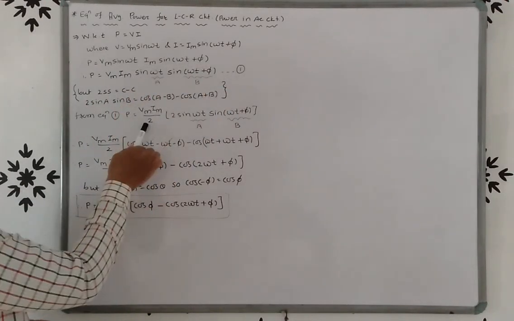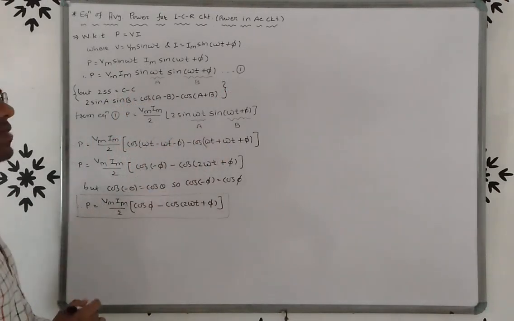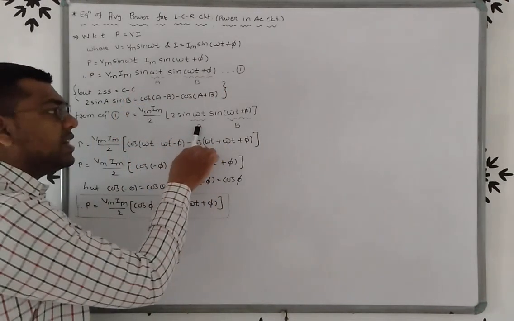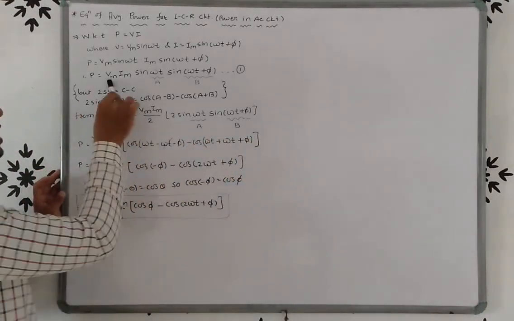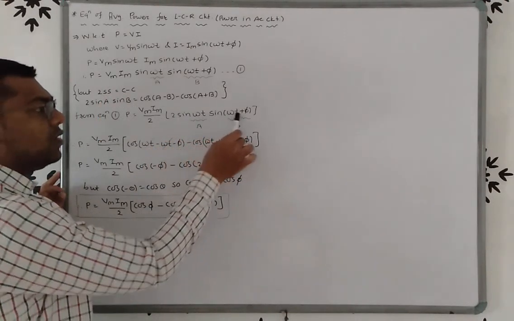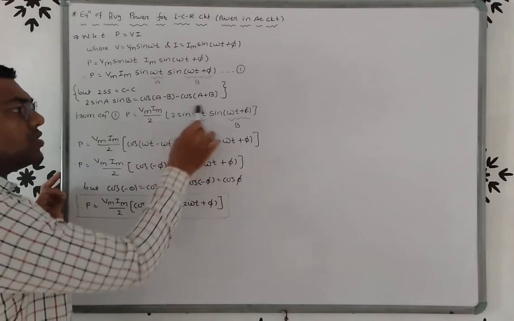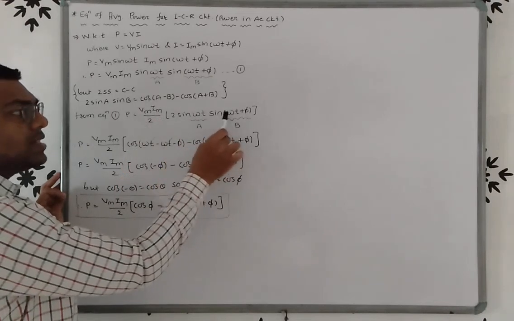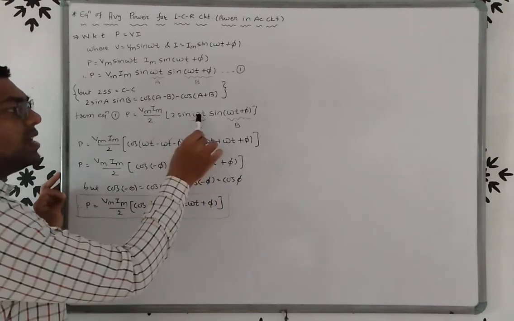So Vm Im by 2 into 2 sin omega t sin omega t plus phi, where we take omega t as A and omega t plus phi as B. That is equals to cos A minus B, so omega t minus omega t minus phi, minus cos A plus B, so omega t plus omega t plus phi.